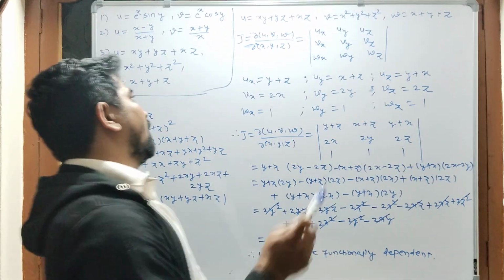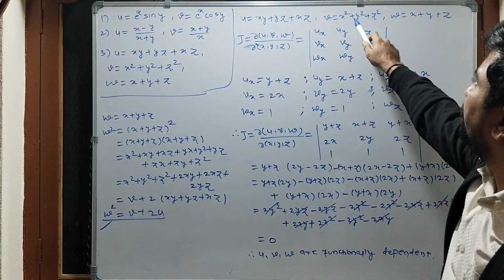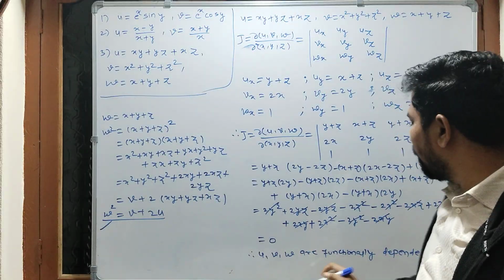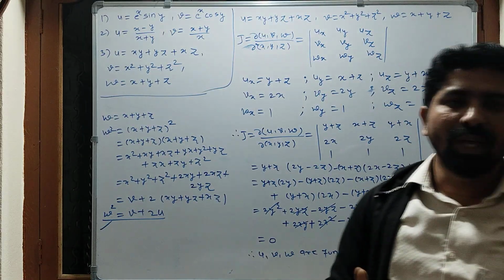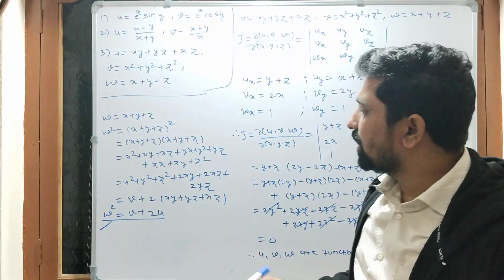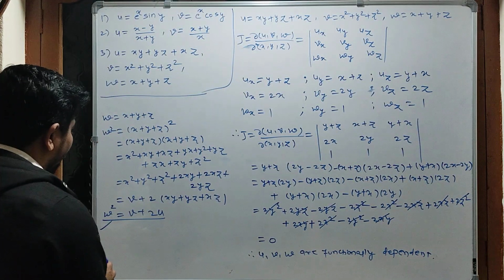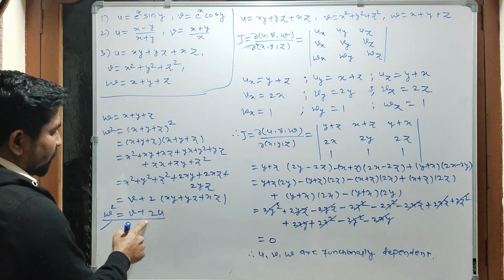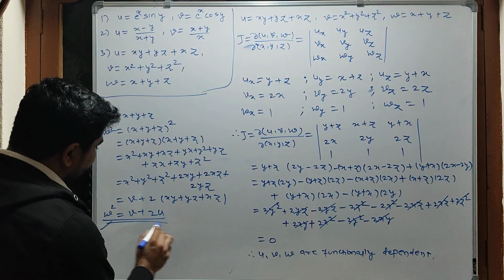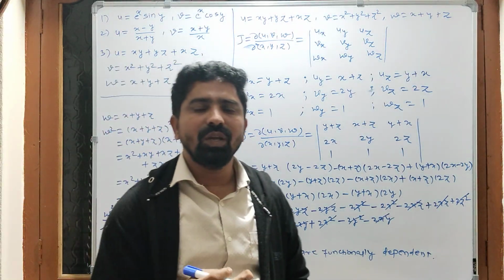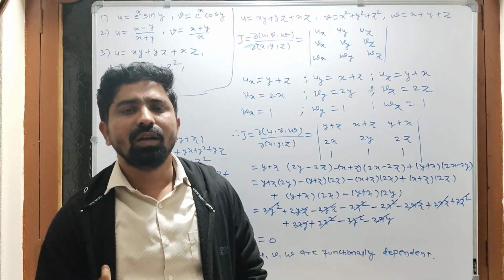So u is equal to this, v equal to this, w equal to this. As functions u, v, w are functionally dependent, we have to find the relation between these three functions. According to this relation, w square equals v plus 2 times u. With respect to this relation, these functions u, v, w are functionally dependent.